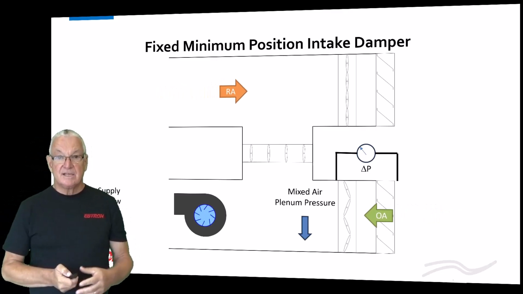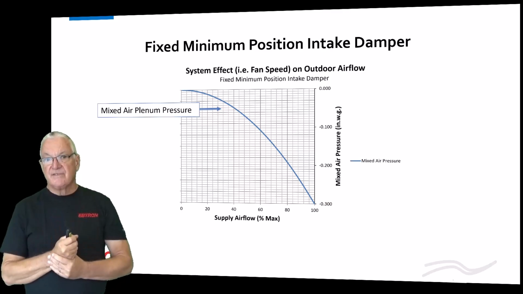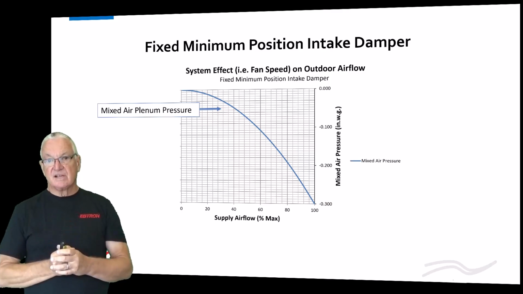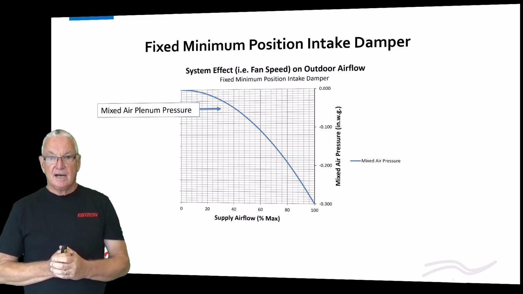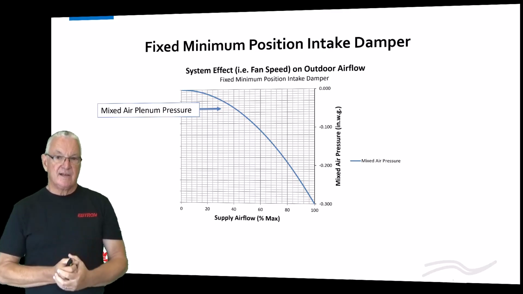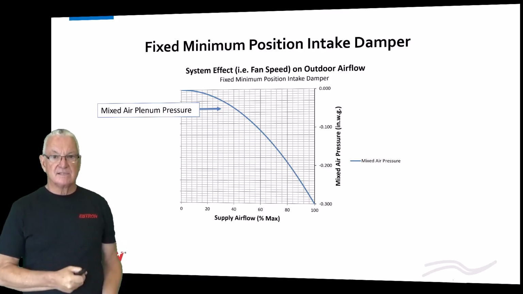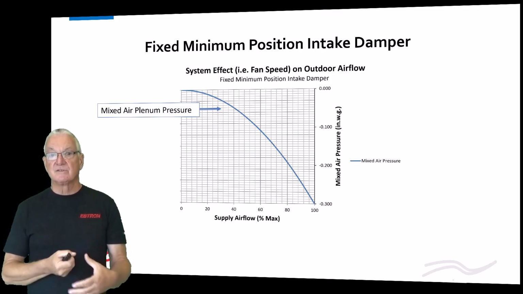But the bottom line is, when you take a look at this, I'm making a very specific example here, that the pressure drop across that intake damper and that louver at design outdoor air at design CFM is 3/10 of an inch. So the mixing box is 3/10 of an inch negative. I do this because I want to be able to show some other things.